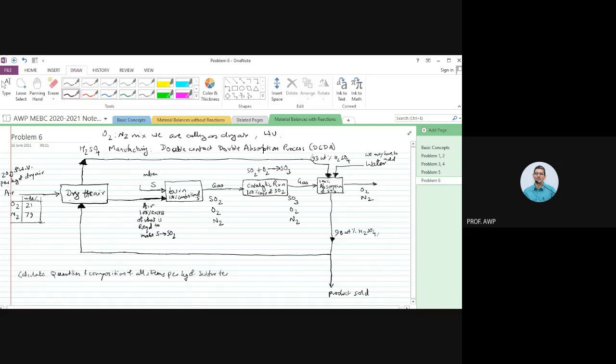If I have 1 kg of sulfur, molten sulfur, that is fed to the burner, I would like you to calculate quantities and compositions of all the streams.